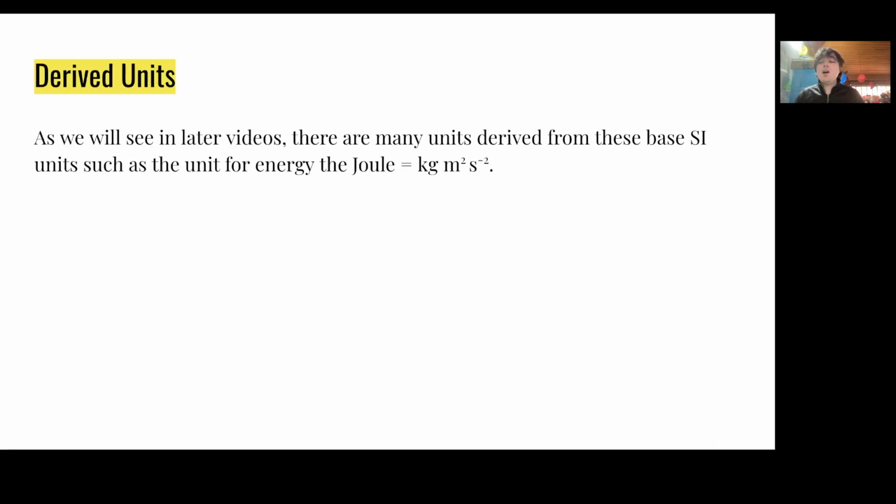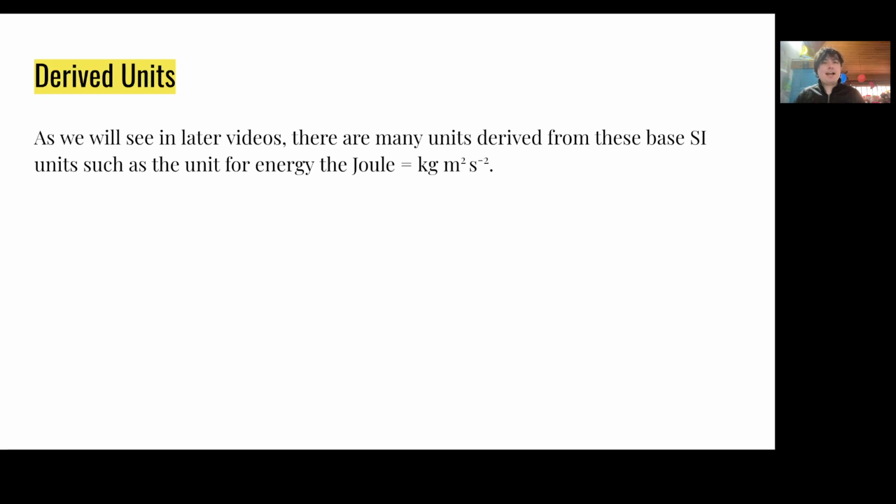Cool. All right, so now what are derived units? We will see in later videos that there are many units that are derived from those base SI units. For example, the unit of energy is the joule. You might wonder, why do we need derived units? Well, it's because it's very difficult both to say and write the units fully in the SI base units.